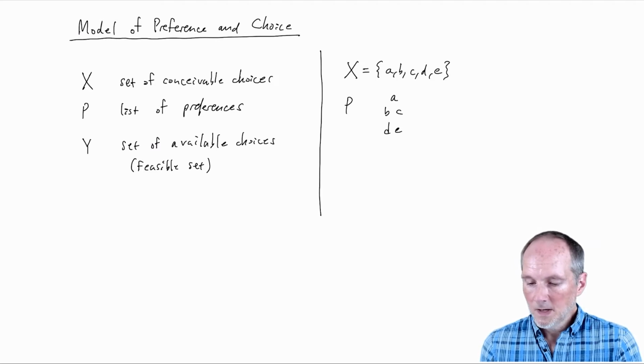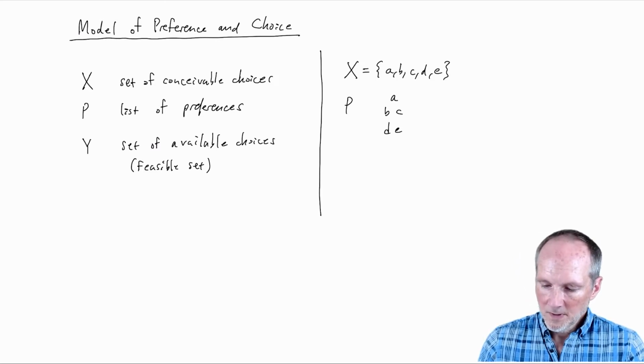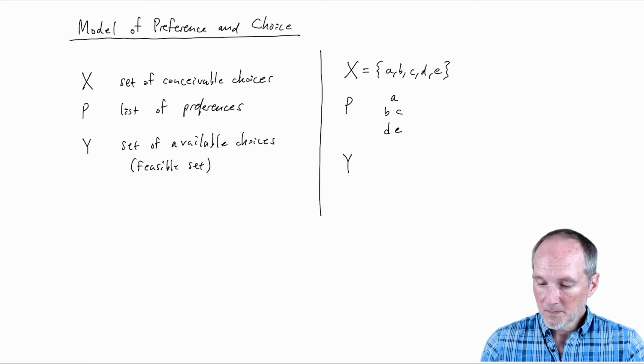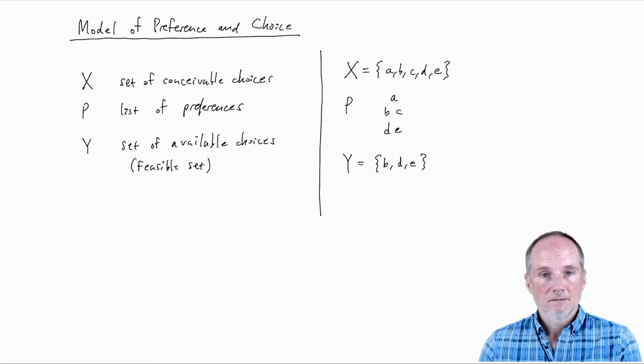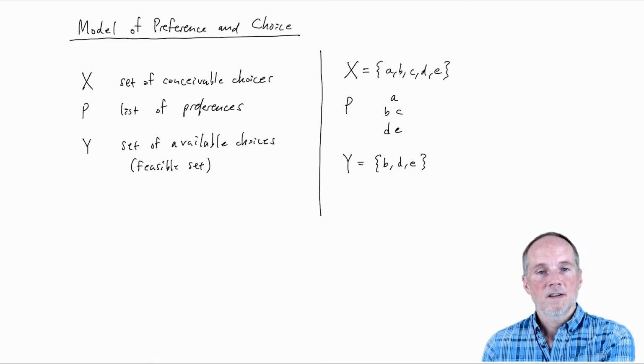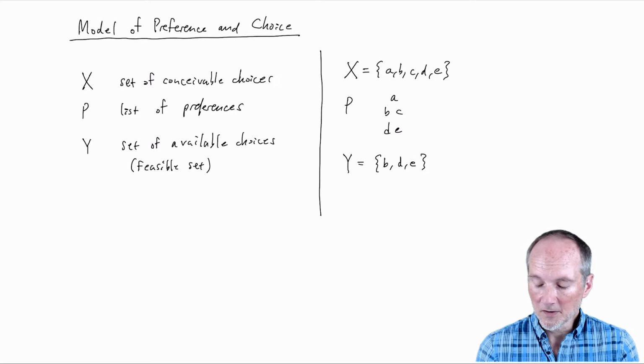And over here in our example, you could imagine that, let's say A is no longer available, but B and let's say D and E are available. So A and C have been deleted from the set of possible choices for this decision maker.